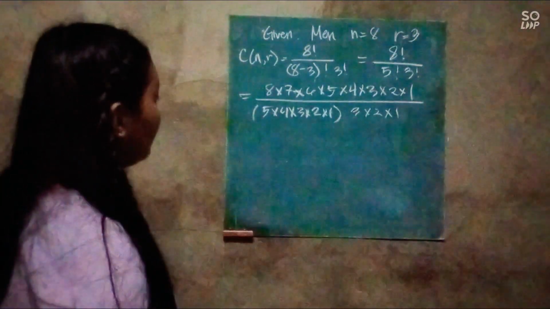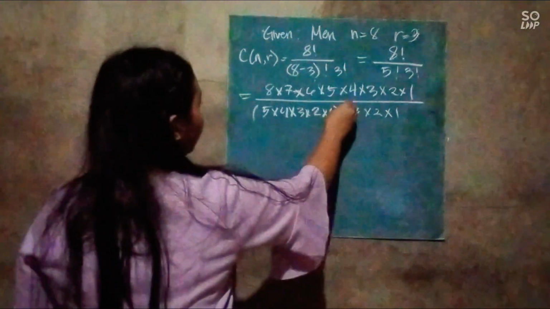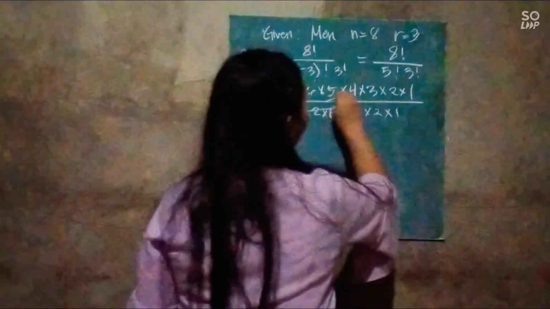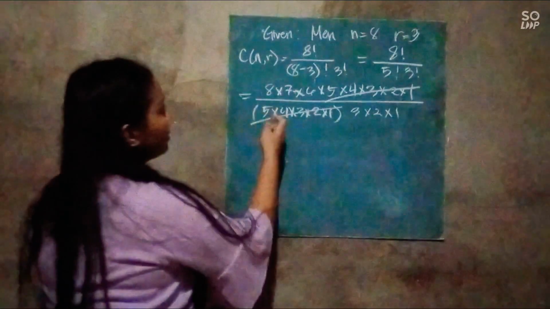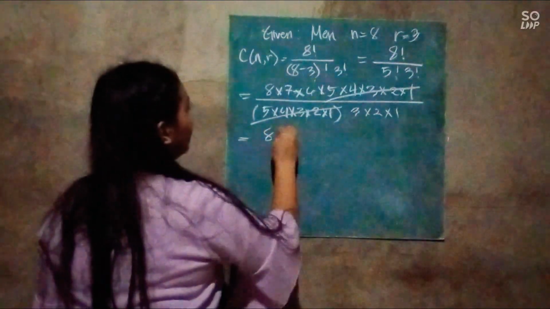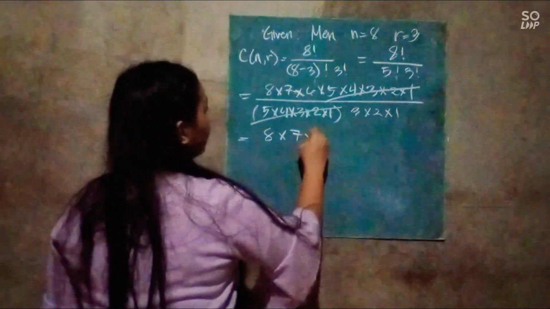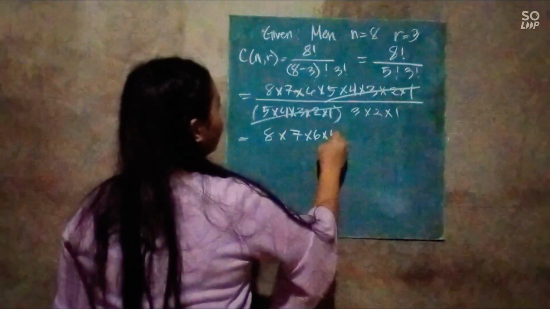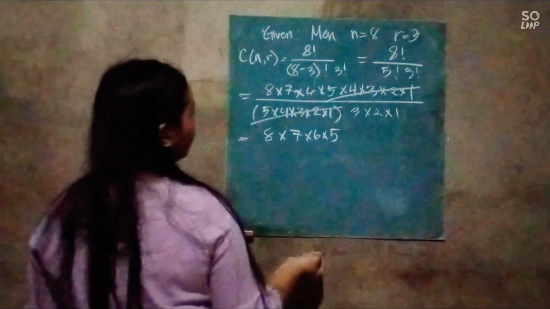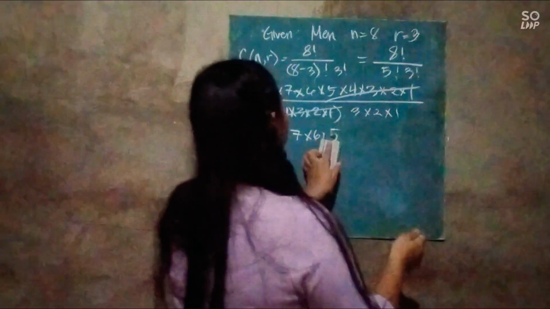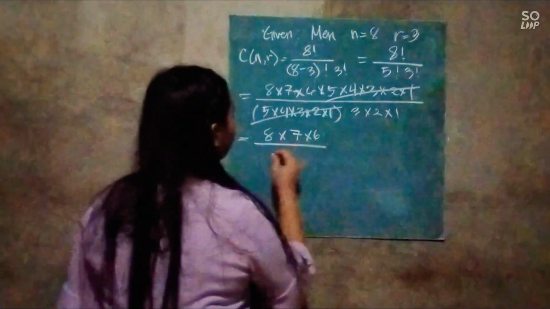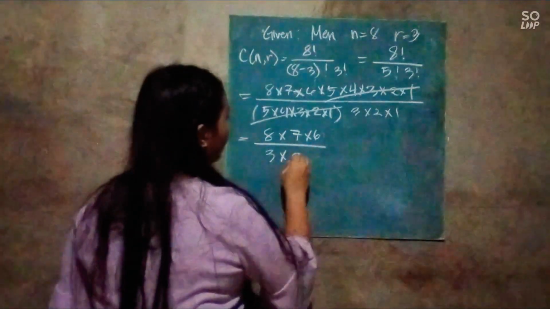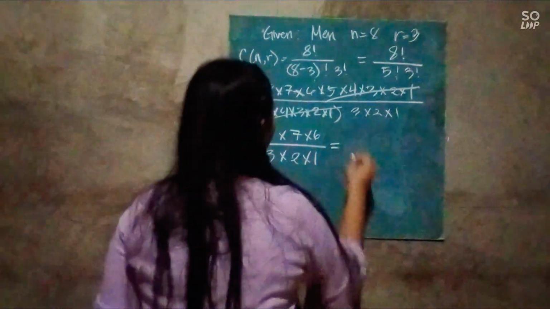So from here, we can cancel this one and this one. So the value that is left is 8 times 7 times 6, all over 3 times 2 times 1.